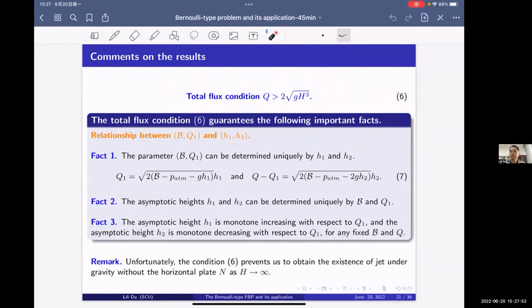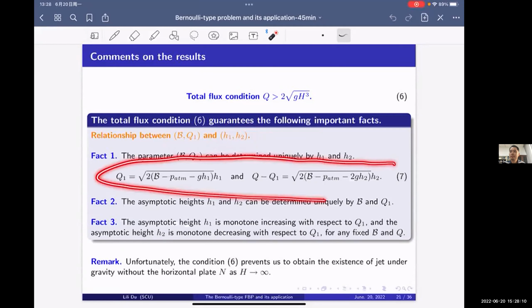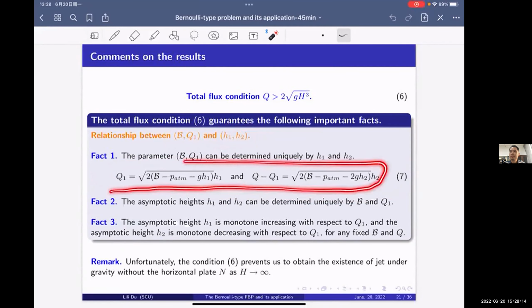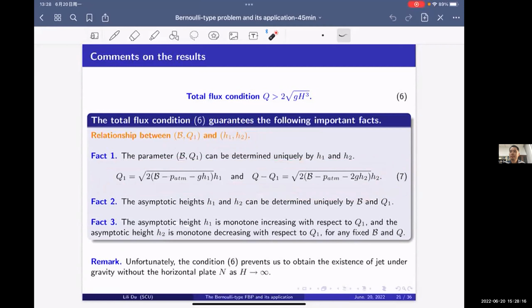It should be noted that the four quantities B, Q1, and the asymptotic height and width of the impinging jet, H1 and H2, satisfy the relationship 7. These are two equations with four parameters.